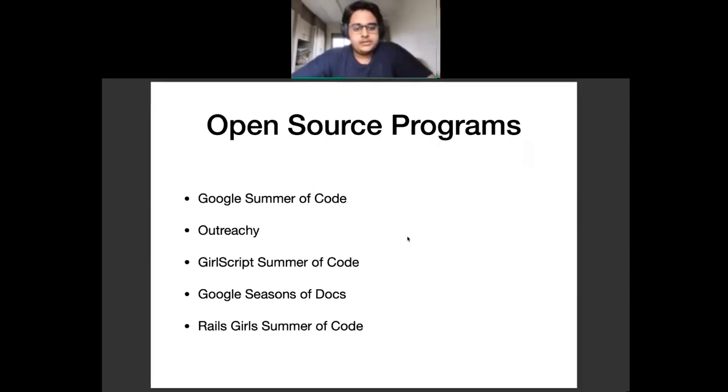Then we have Outreachy, Girl Script Summer of Code, Google Seasons of Docs, and Rails Girls Summer of Code. Many of these programs are also specifically aimed at women and other genders, but they also promote other social issues alongside free and open source software.